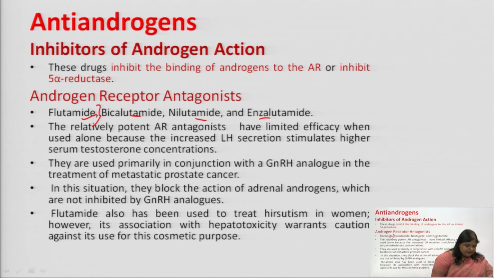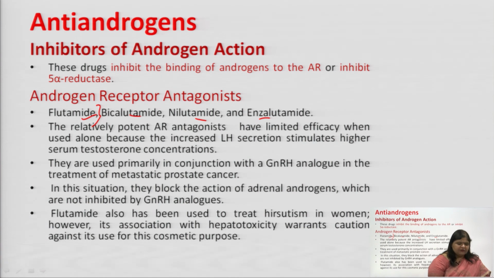They have limited efficacy when used alone because the increased luteinizing hormone secretion stimulates the higher serum testosterone concentration. So they are generally used in conjunction with the gonadotropin releasing hormone analog in case of the treatment of prostate cancer.